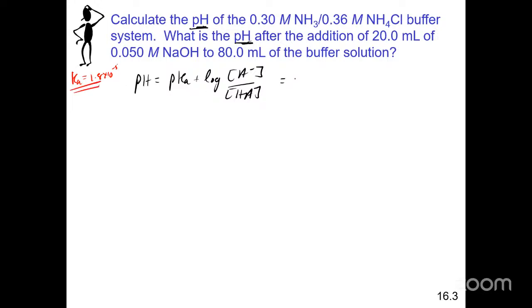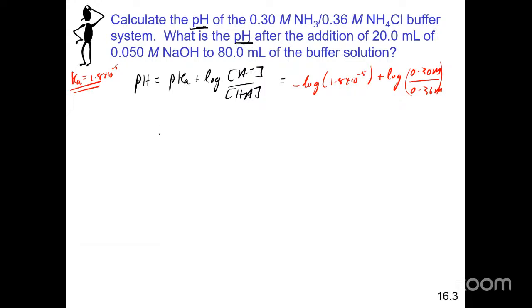So pH will equal, according to the Henderson-Hasselbalch equation, minus log of 1.8 times 10 to the minus 5, plus log of A-, which would be the base, which would be the ammonia, which is 0.30 M, divided by the acid, the conjugate acid concentration, which is 0.36 M. So that's basically how that is set up.